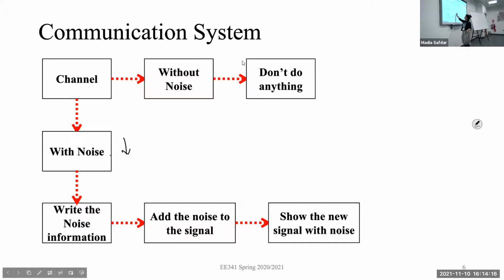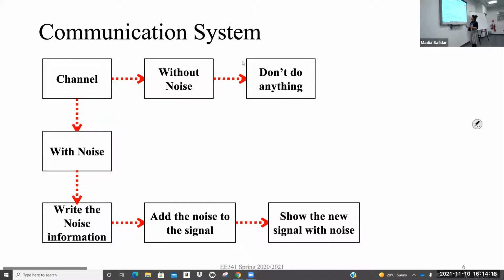So if the channel is without noise, then we don't have to do anything. But if the channel is with noise, then we have to write the noise information also. Then we will add the noise to the signal, and then we will plot the message with the noise signal, if there is noise.